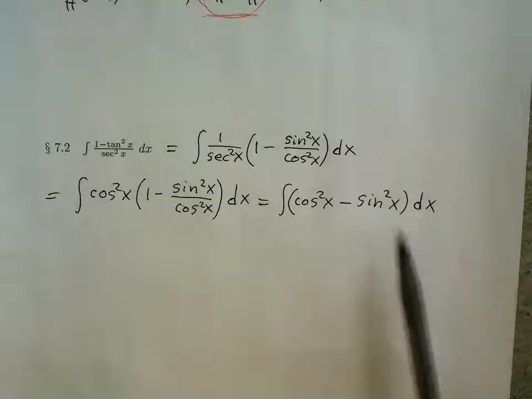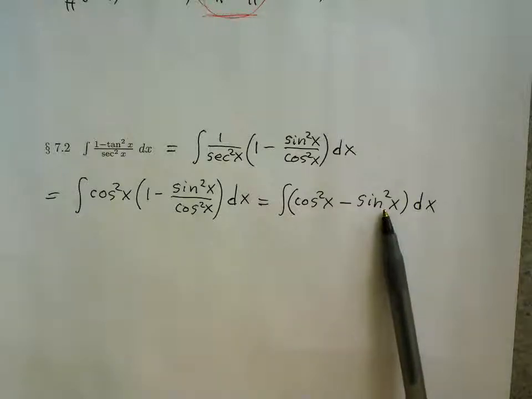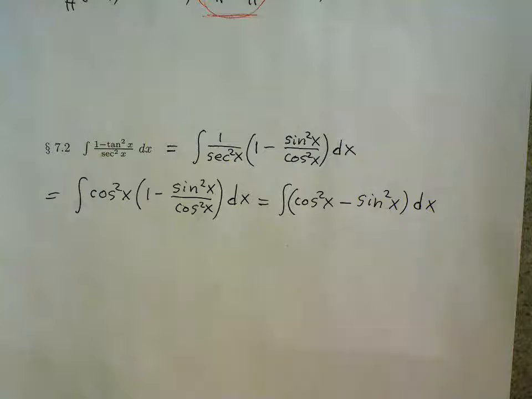One is to replace sine squared of x with 1 minus cosine squared of x, and then after that, replace cosine squared of x with the quantity 1 plus cosine of 2x over 2. That's one option.